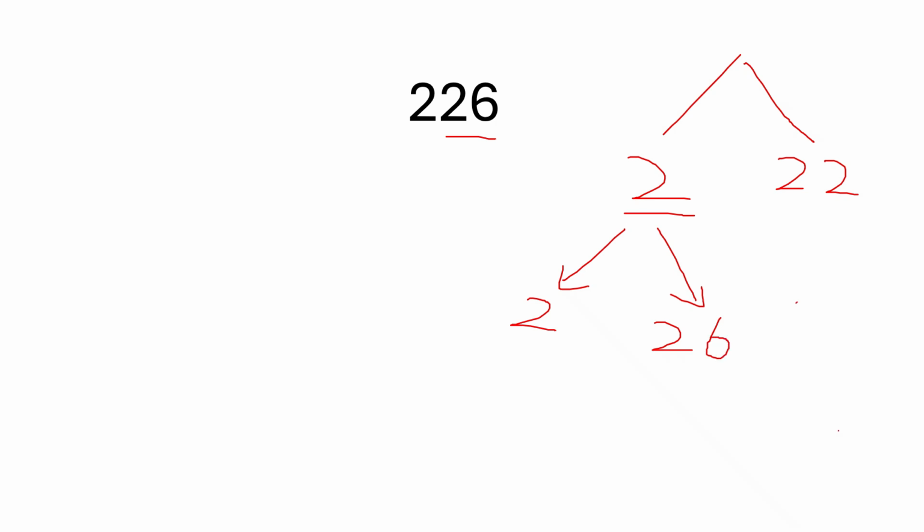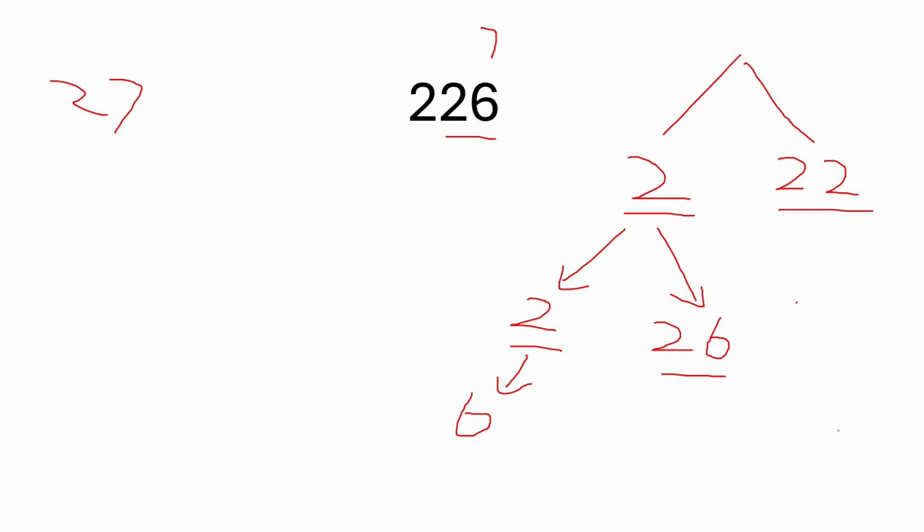By the way, what if we had something like 27 over here? Then this path would be invalid because 27 does not map to any character, right? The valid range only goes up to 26. So back to our example. In this path, there's only 6 left, so we can take 6.